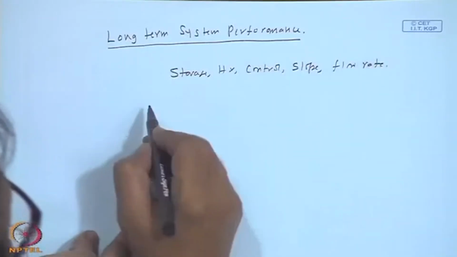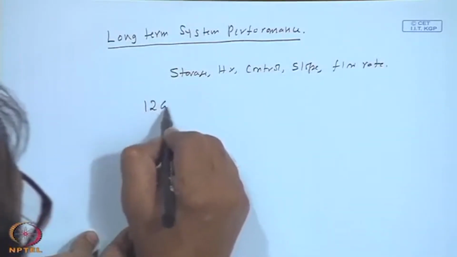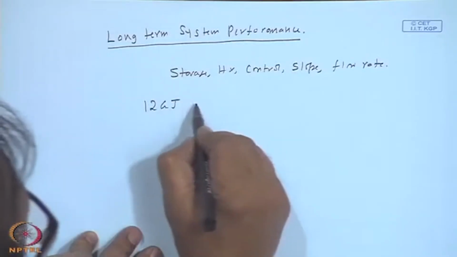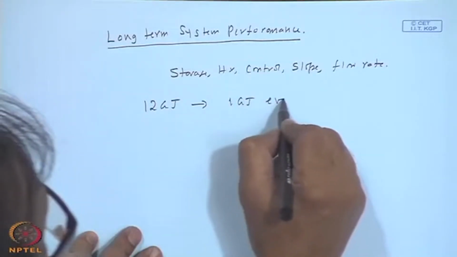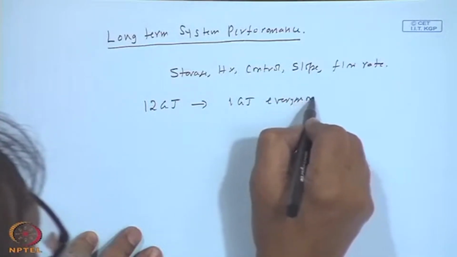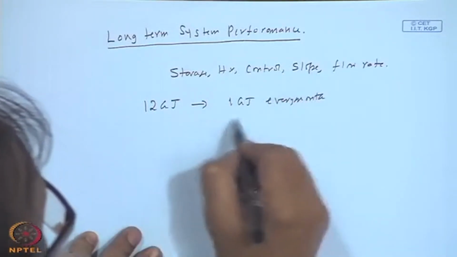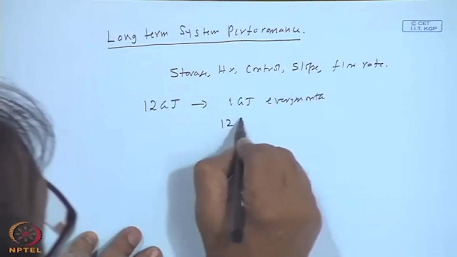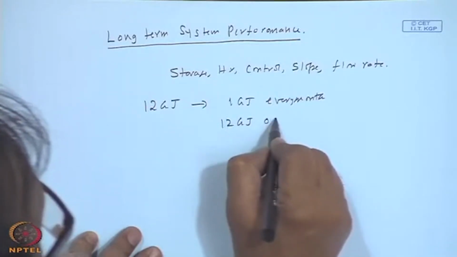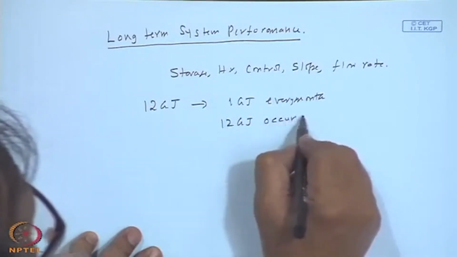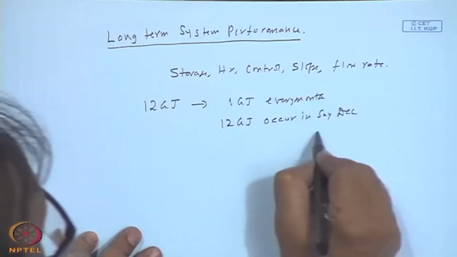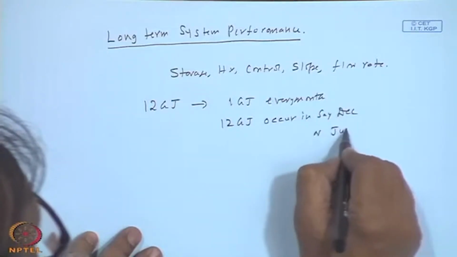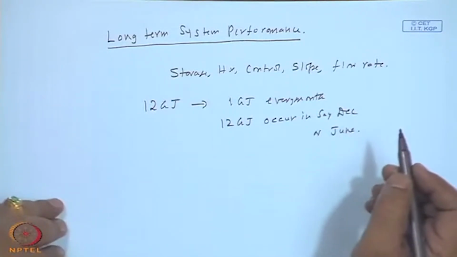To illustrate the point, I may have 12 gigajoules distributed equally, 1 gigajoule every month, but the other way around is all the 12 gigajoules occur in say December or maybe June, any one month.